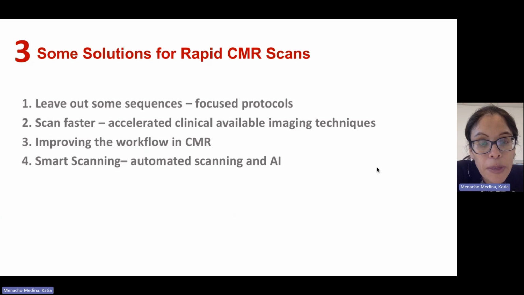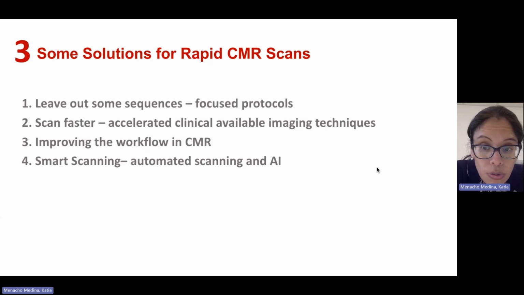So regarding the cardiac MRI protocol itself, there are some opportunities that we can take to make the scanning faster. One of them is leaving out sequences from the standard protocol, so using focused protocols. Second is scanning fast using accelerated clinical techniques that are available commercially in the scanner.